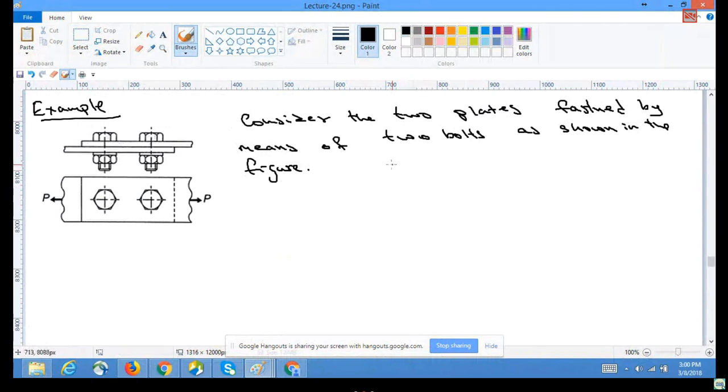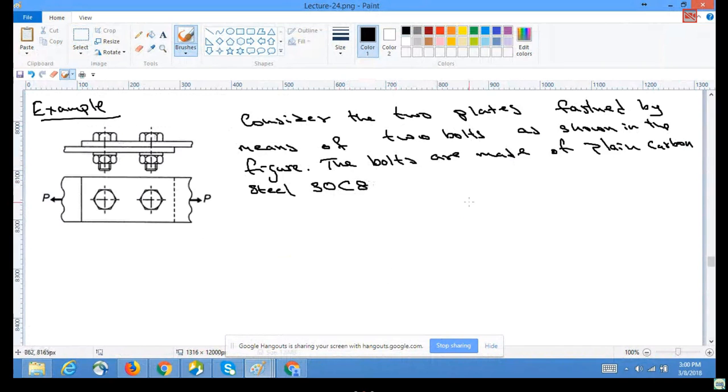The bolts are made of plain carbon steel 30C8, which would have a yield strength of 400 MPa.